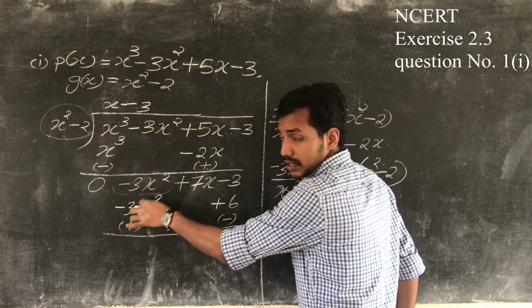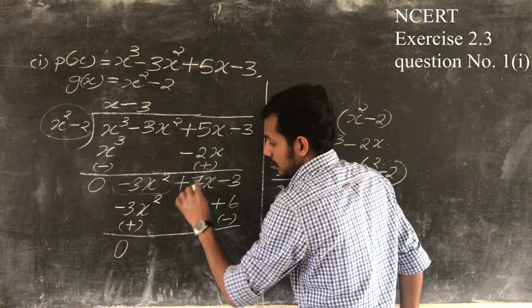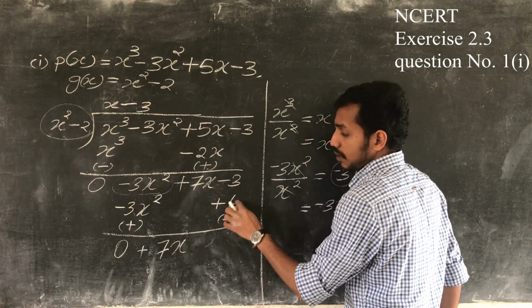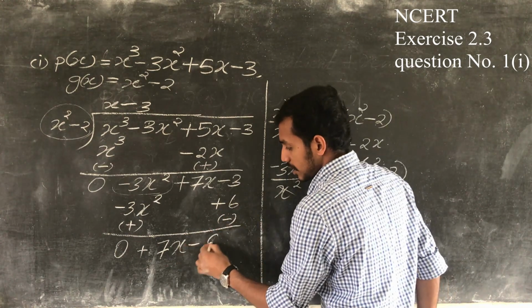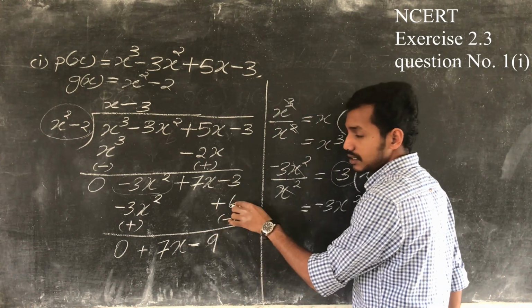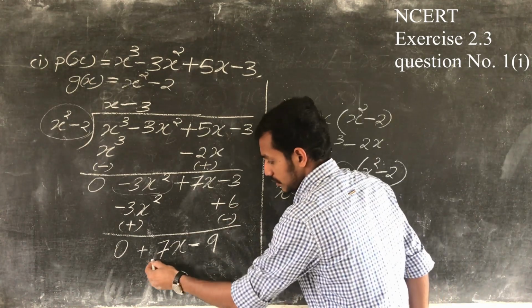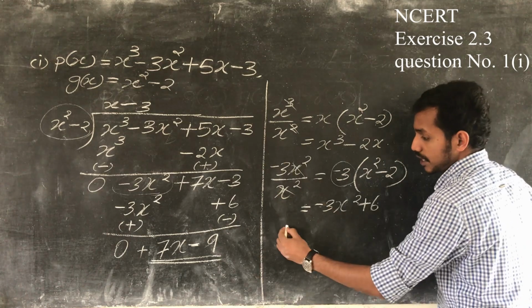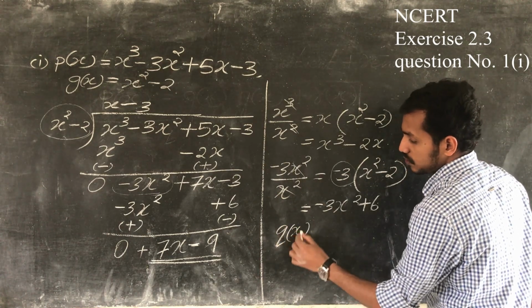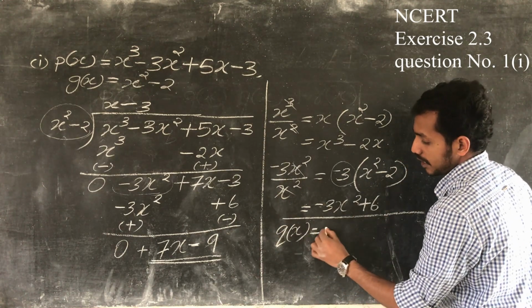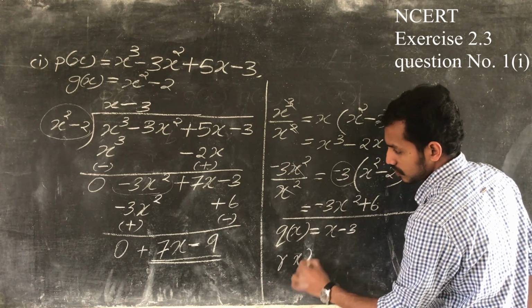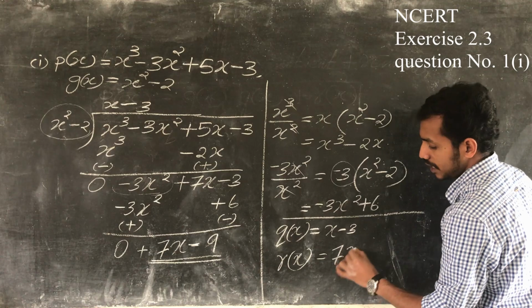Minus 3x square plus 3x square will be 0, plus 7x, and minus 3 minus 6 will be minus 9. So what is the answer here? q of x we will get as x minus 3 and r of x is 7x minus 9.